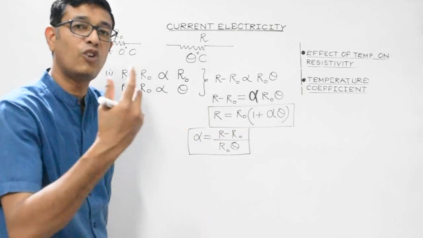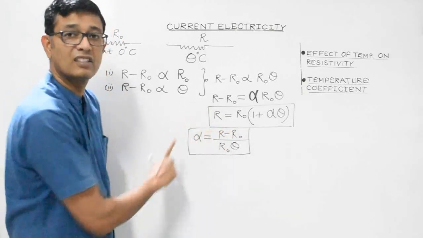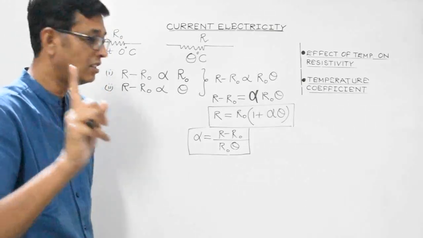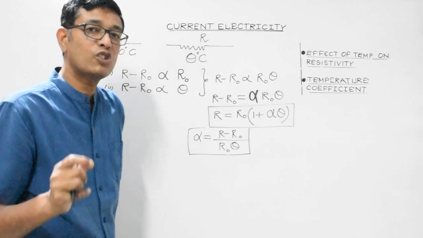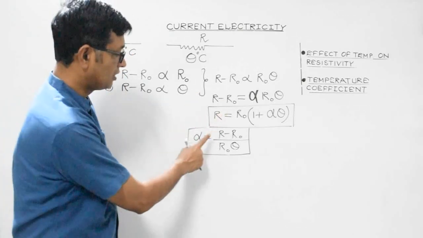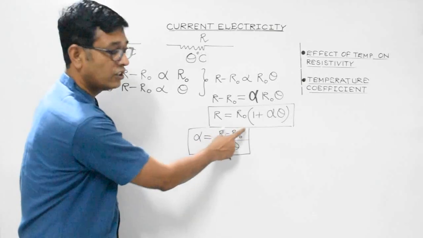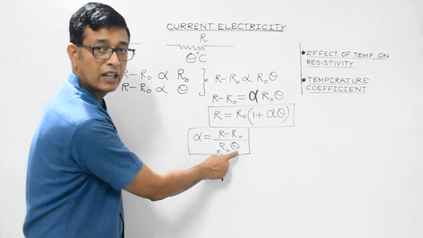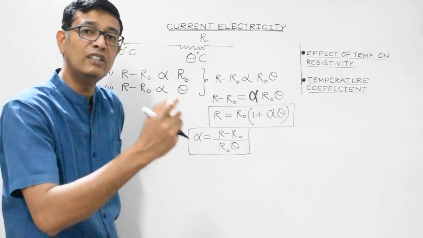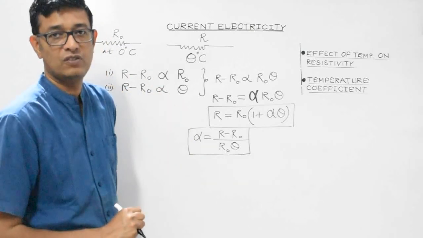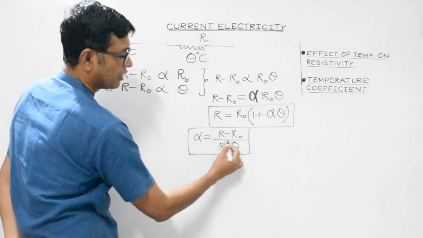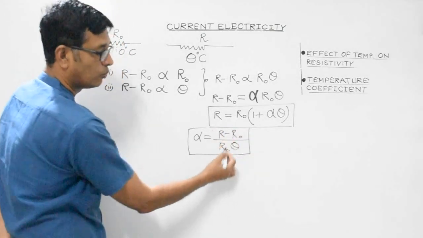When I talk about the fall in the temperature, then there will be a decrease in the resistance, only in the case of conductors. Right? So I repeat, alpha, the temperature coefficient of a conductor, is defined as the change in the resistance per unit original resistance at 0 degree Celsius for every 1 degree Celsius rise or fall in temperature.